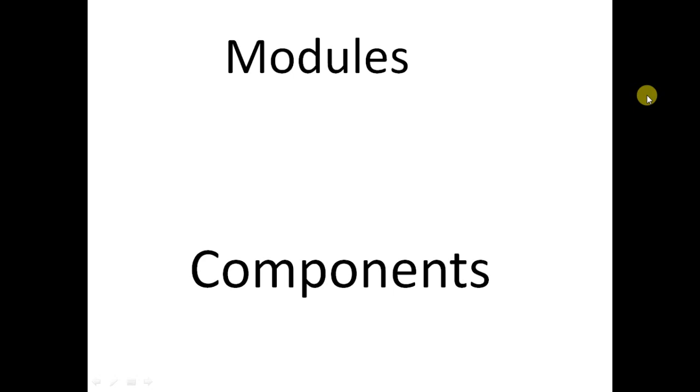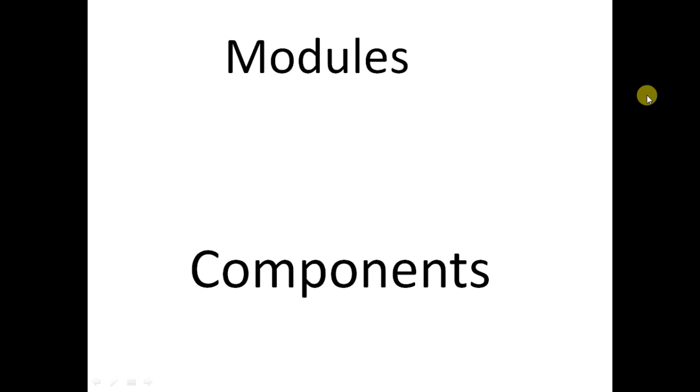Now modules. An Angular module is a container of a group of related components, services, directives, and so on. You can think of a module as a library of components and services that implement certain functionality from the business domain of your application, such as a shipping module or a billing module.